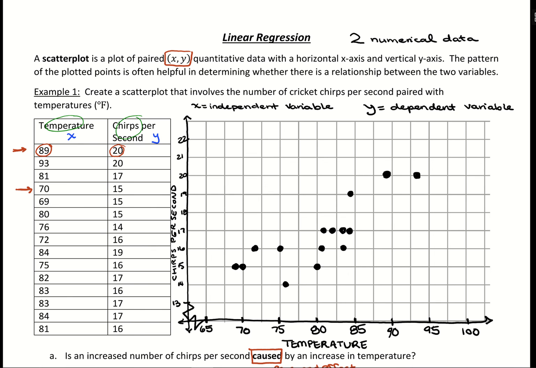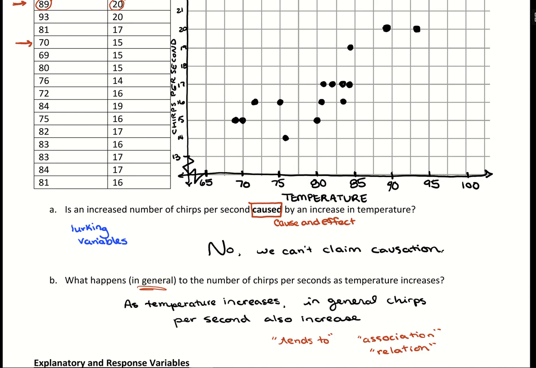And typically one of those sentences will just make a little more sense, and that'll help you tell which one's x and which one's y. Sometimes it could go either way. Sometimes there isn't an independent or dependent variable, so you just choose one, and either way would be correct.